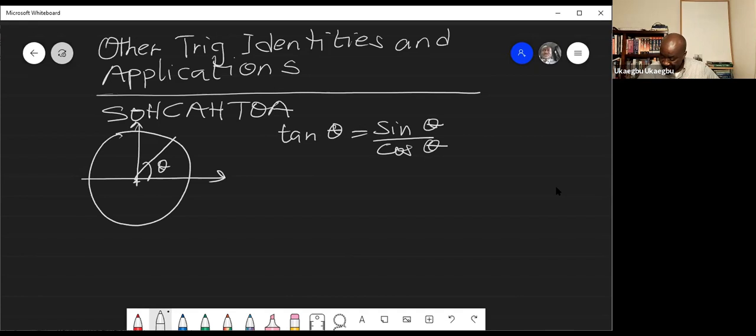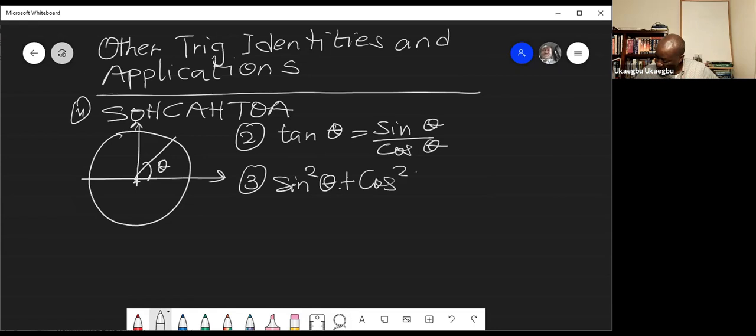So that's another thing we know. So we know this is 1, this is 2. And the third thing we know is that sine squared theta plus cos squared theta is equal to 1. So this is basically where we are starting right now.